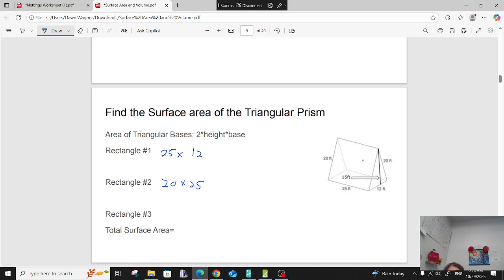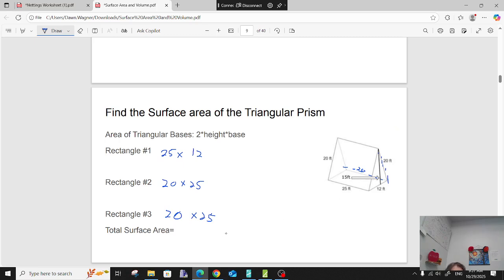Then this back one, which is a 20 by 20, I believe. Oh, no, I'm wrong. It's 20 by 25. These two are equal, because this is 20 and this is also 25. So the front and back were the same, but the base was a different rectangle.